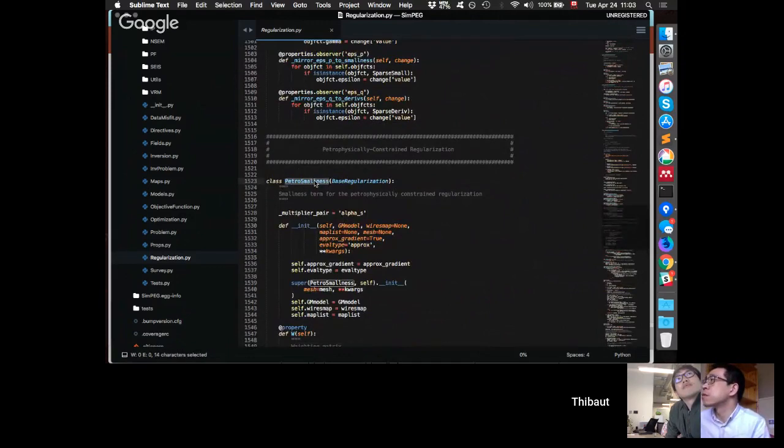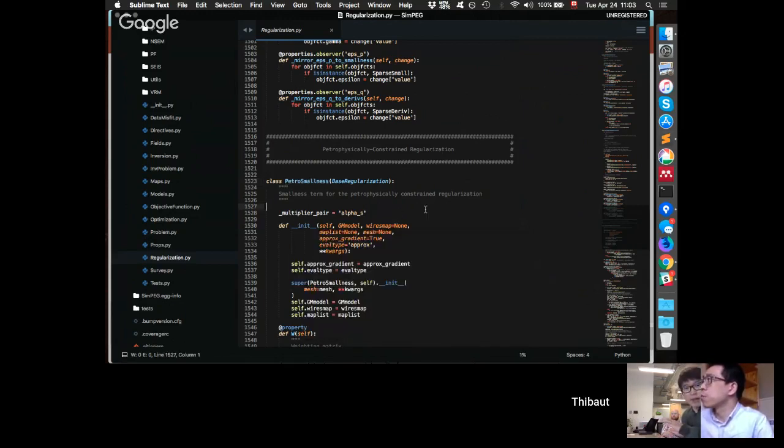And I did a bit like what you did with Tikhonov and simple: petrol smallness and petrol regularization take the volume, whilst I have a simple petrol smallness that doesn't take the volume. I prefer the one with no volume, but I just tried to tie the development to what was already inside SimPEG, so people like you have. Yeah, so I'm almost never using the one with volume at all.